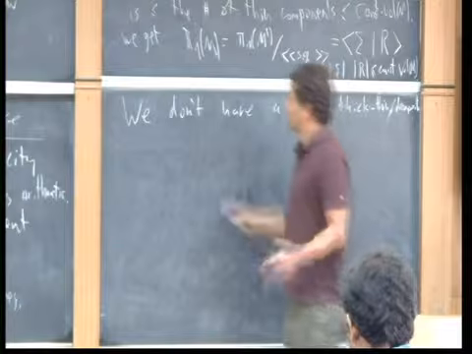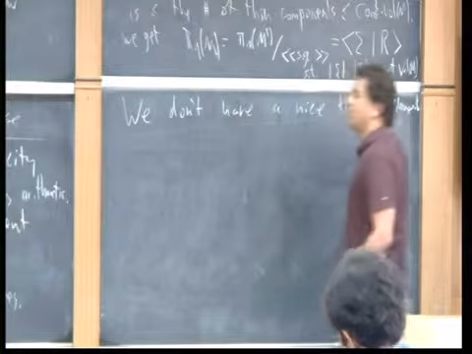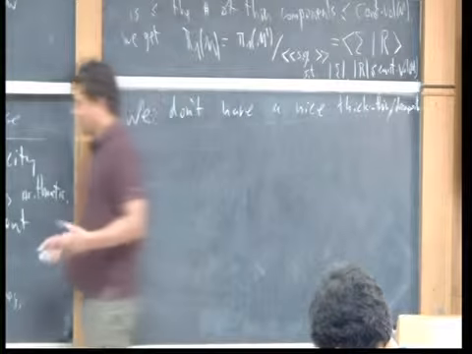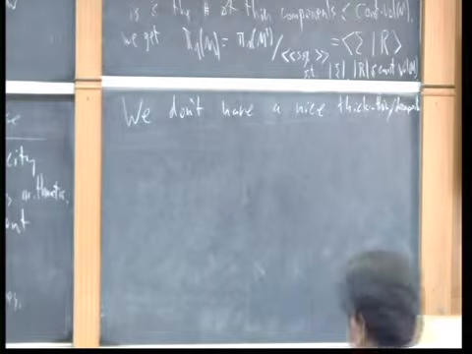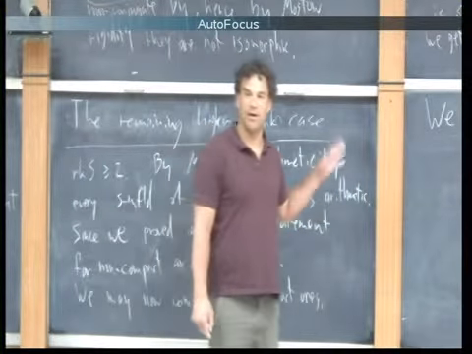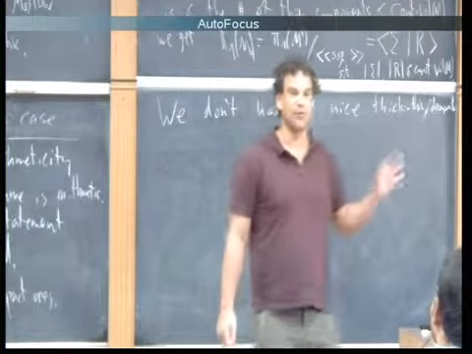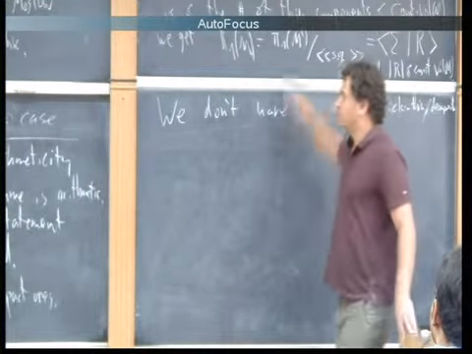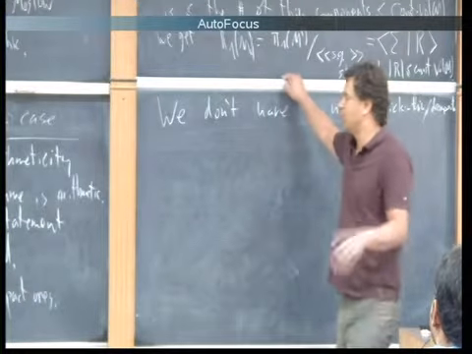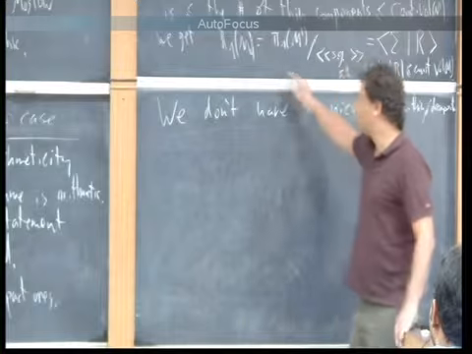We don't have that. Actually, if I had a bit more time, I would describe a conjecture in number theory that says we have a very nice thick-thin decomposition. There is a famous conjecture in number theory that says that in the arithmetic case, you don't have a thin part. Maybe you will allow me a few minutes and I will describe it.